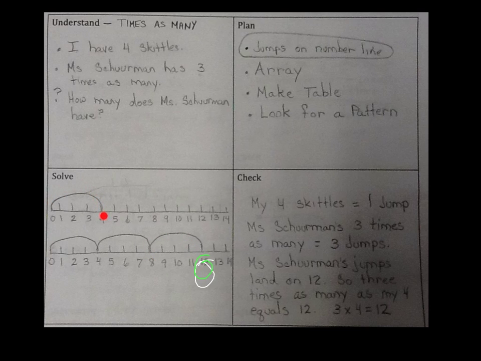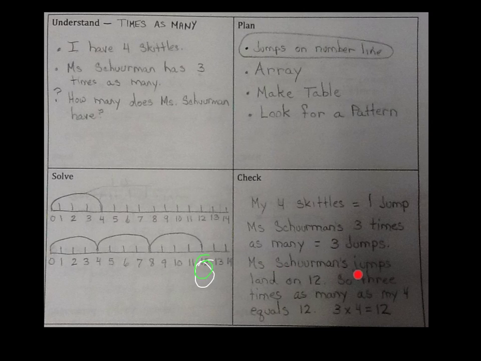I have 4. She has 4 once, 4 twice, and 4 3 times. When we check it, we can see that my Skittles are the 1 jump right here. Miss Sherman's are 3 times as many, or 3 jumps, 1, 2, 3.